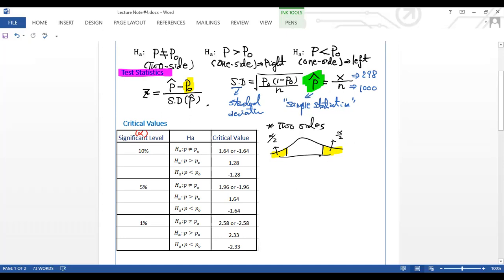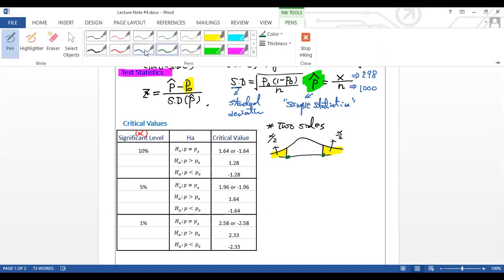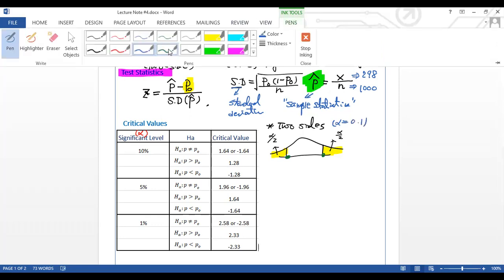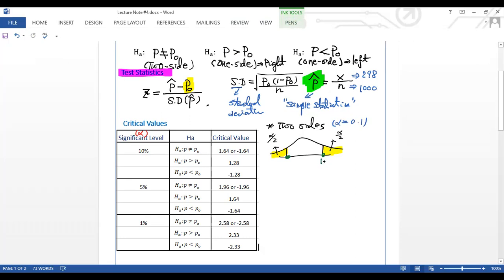And here, this is the critical value. For example, let's assume alpha equals 10%, so alpha equals 0.1. This table tells you this will be 1.64 and this is negative 1.64.